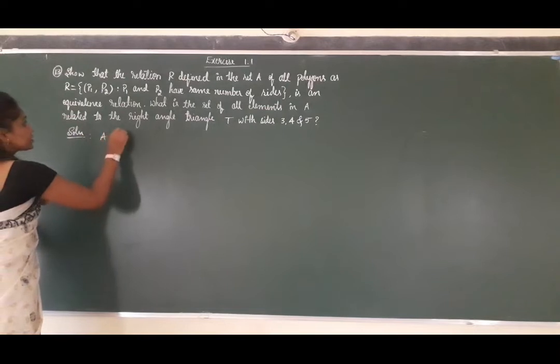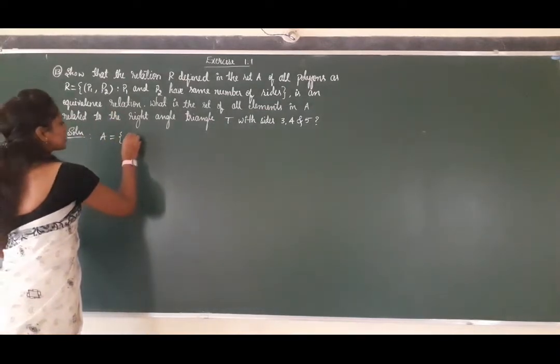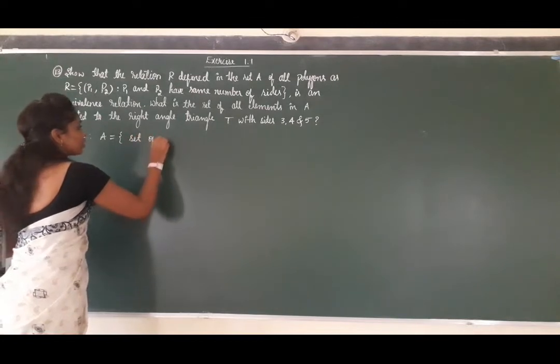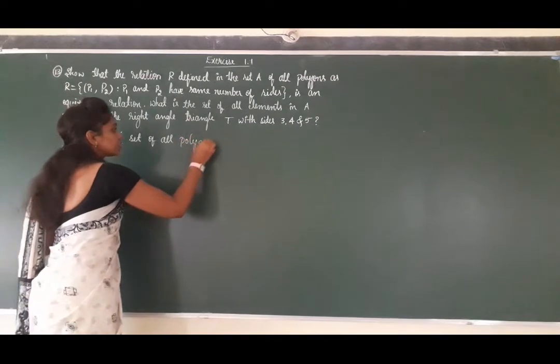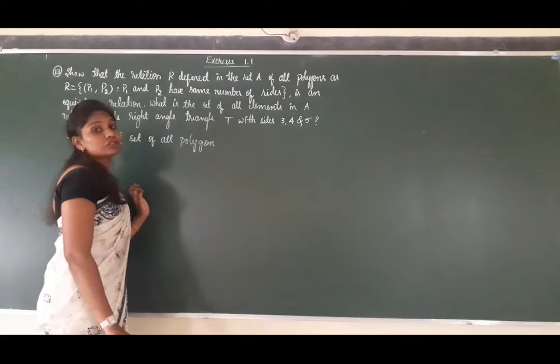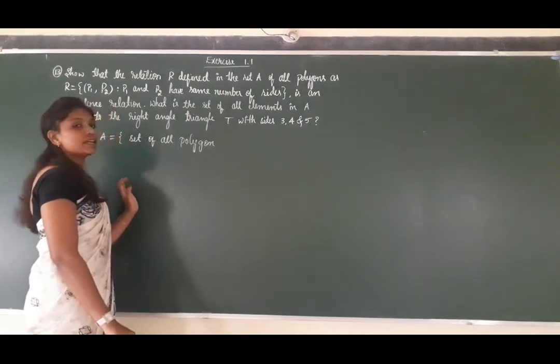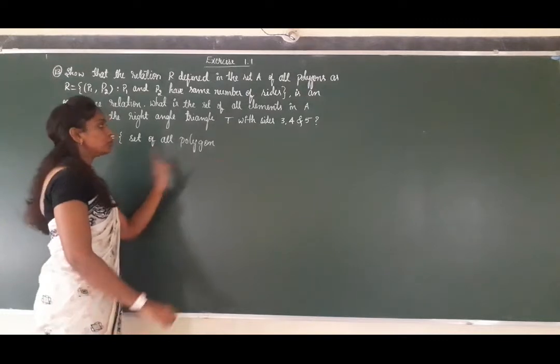Here set A is equal to the set of all polygons. What is a polygon? A polygon is a closed figure which has more than 2 sides. That is a polygon.